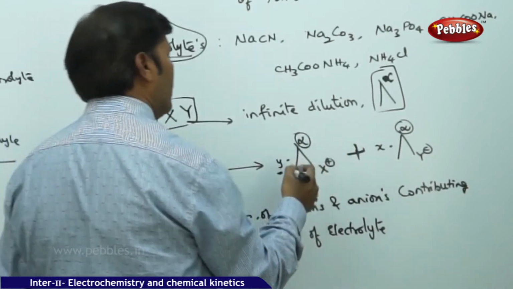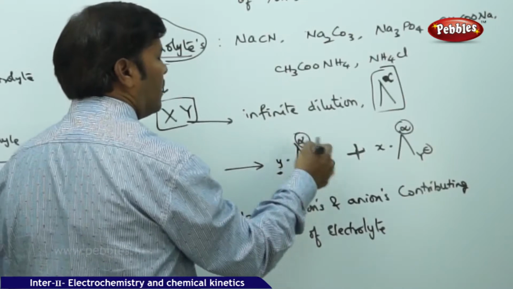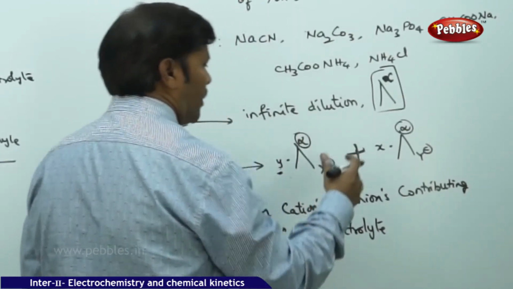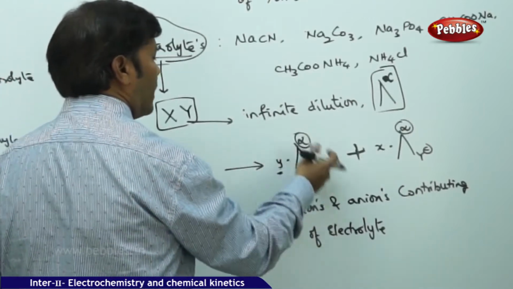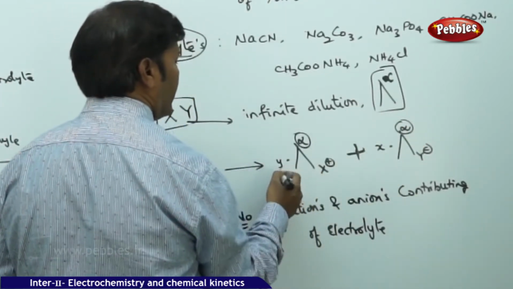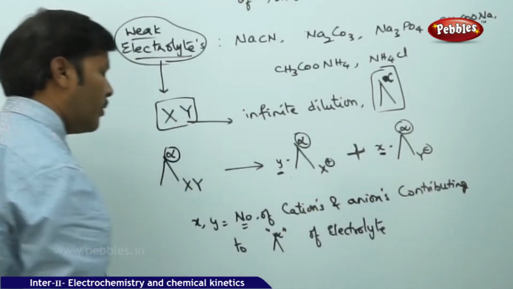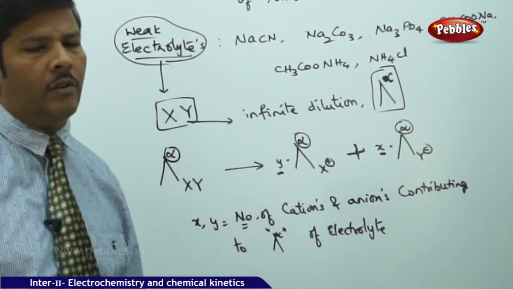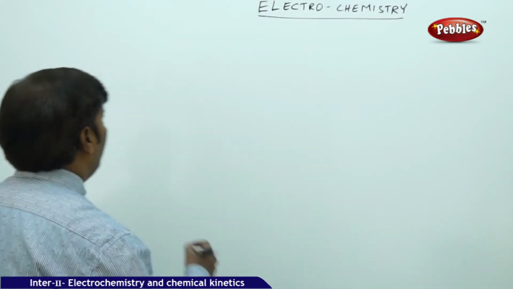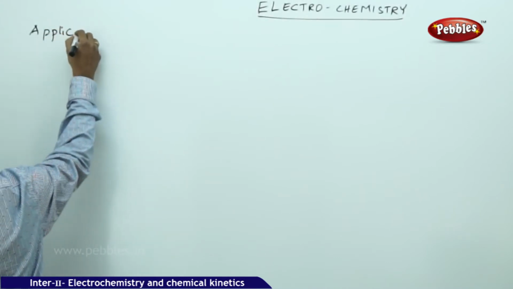But each electrolyte has a certain number of cationic groups and anionic groups, which is why the equivalent conductances of cations and anions are multiplied with y and x. Y and x give the number of cations and anions contributing to the equivalent conductance of the electrolyte at infinite dilution.